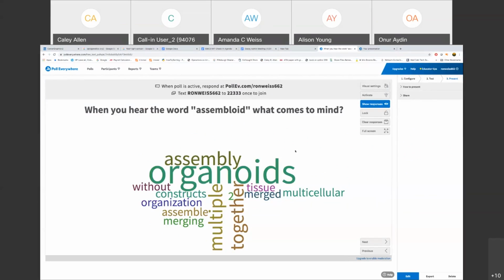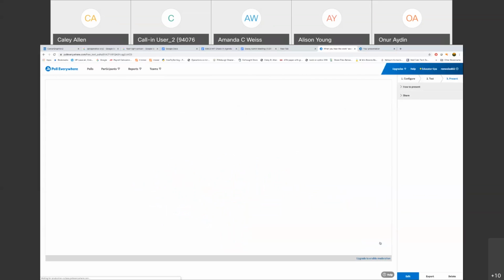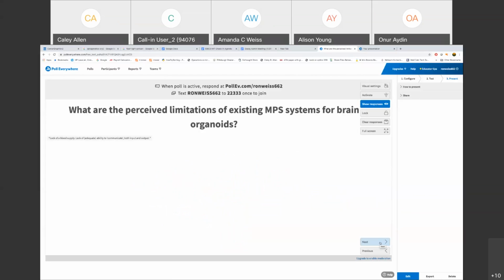For example, when you were asked what you thought of when you heard the word assembloid, these were the answers that were submitted. We can see organoids at the very top here in the largest letters. Some of the additional questions included perceived limitations of the MPS systems.